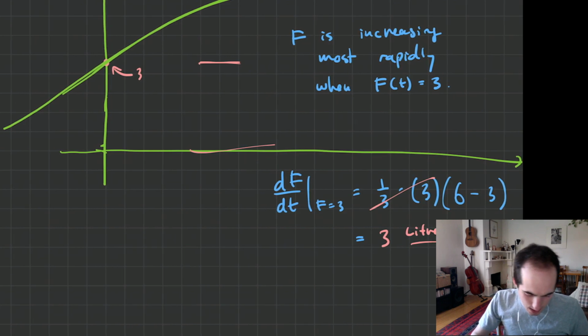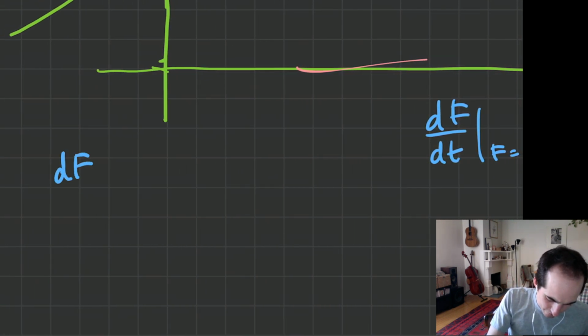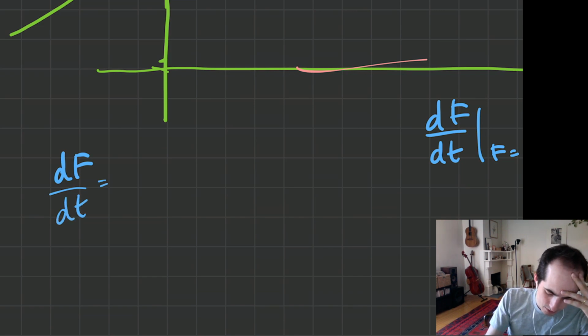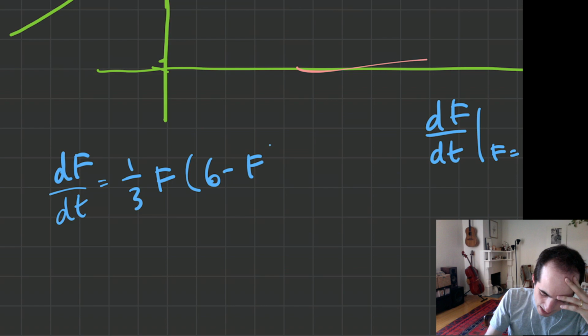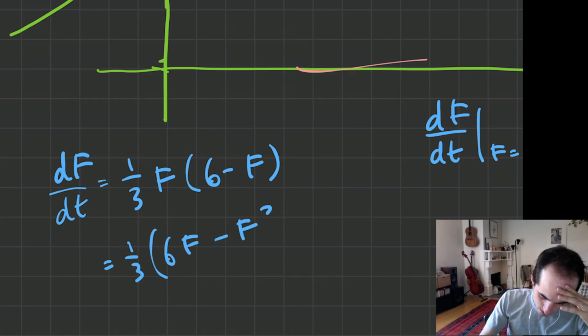Okay, cool. So let's take a look at what this df by dt looks like. It's 1/3 times f times 6 minus f. Let's expand this: 1/3 times 6f minus f squared.